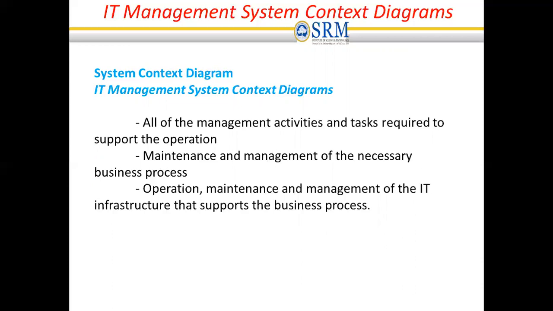Maintenance and management of the necessary business processes is also to be shown in the diagram. Operation, maintenance, and management of the IT infrastructure that supports the business processes is also to be shown here.